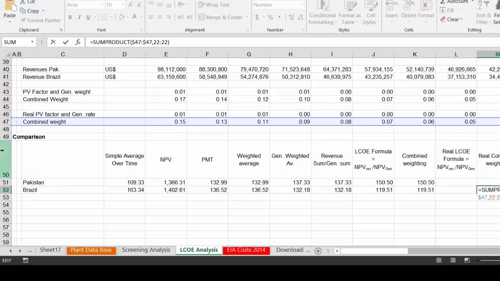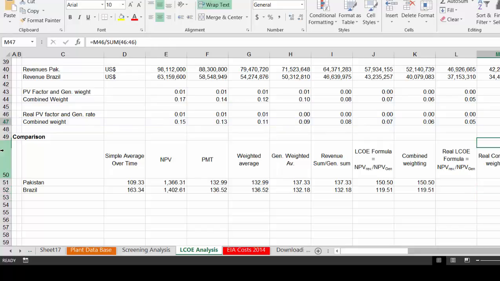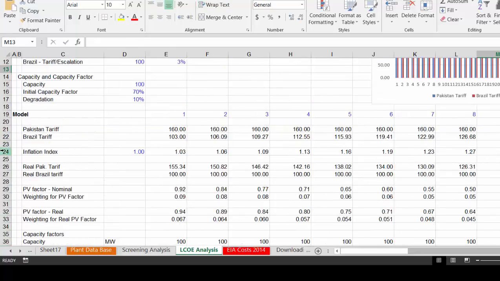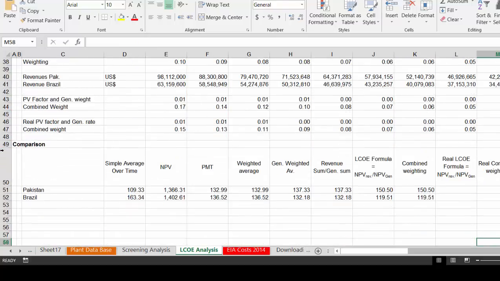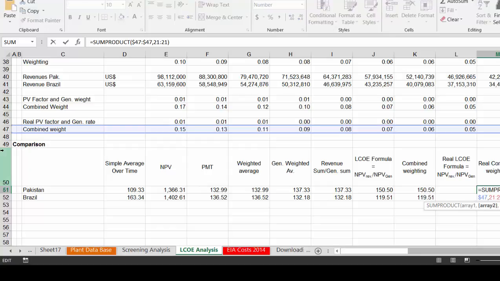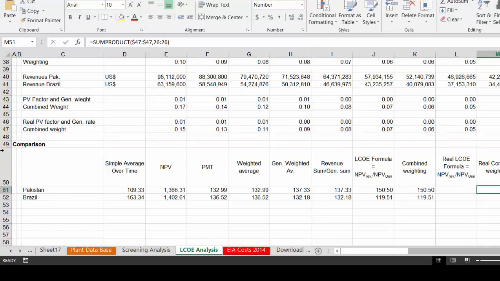Now 147 times 22, and I should have been multiplying it times 26 and 27. Excuse me. Okay, times 26, and there, that will give us exactly our 100.